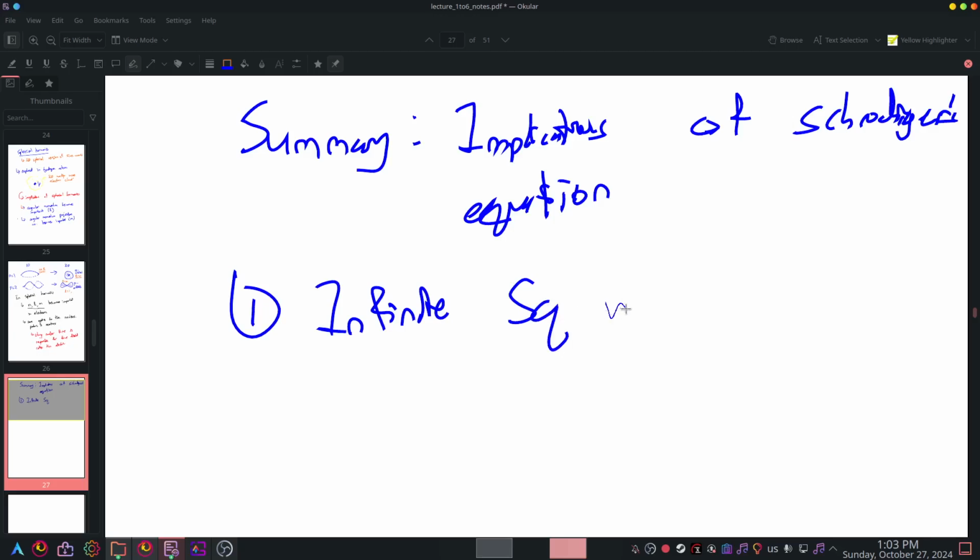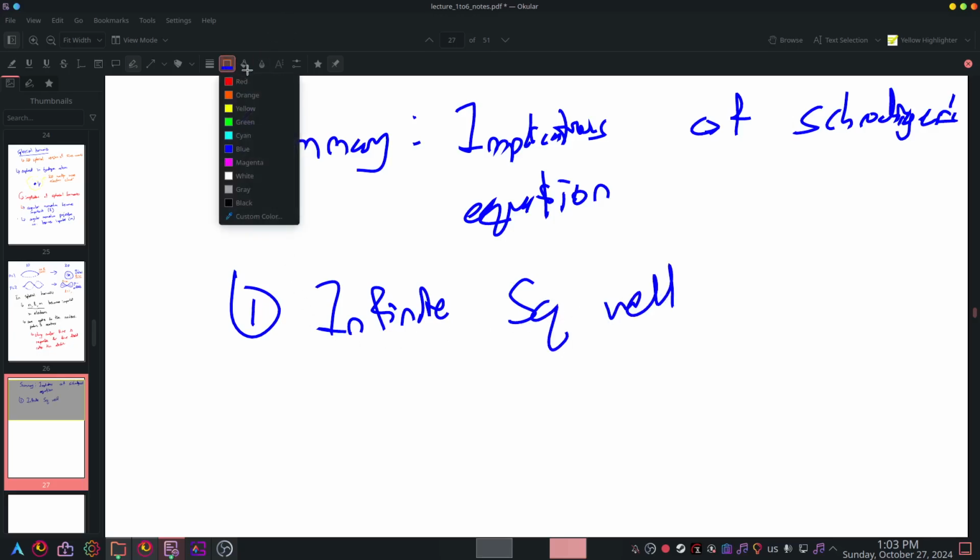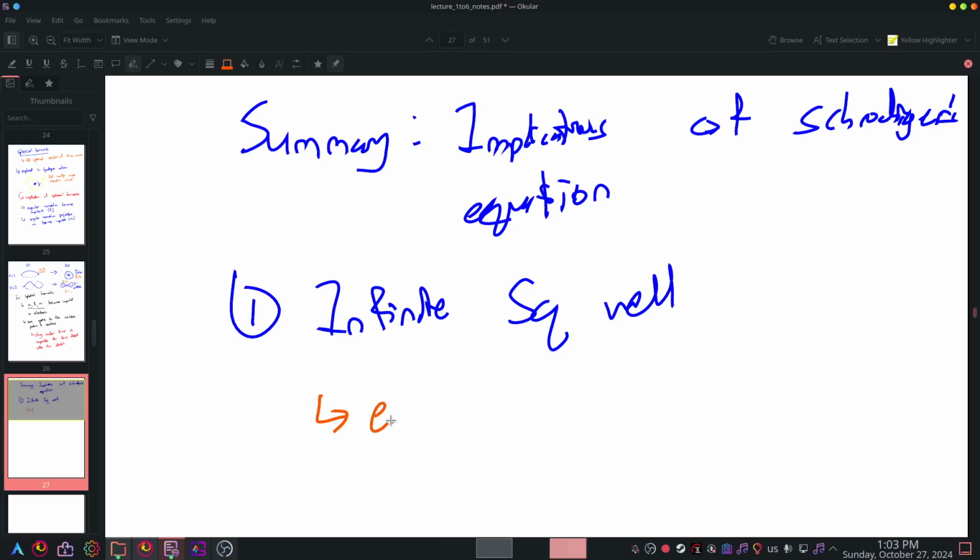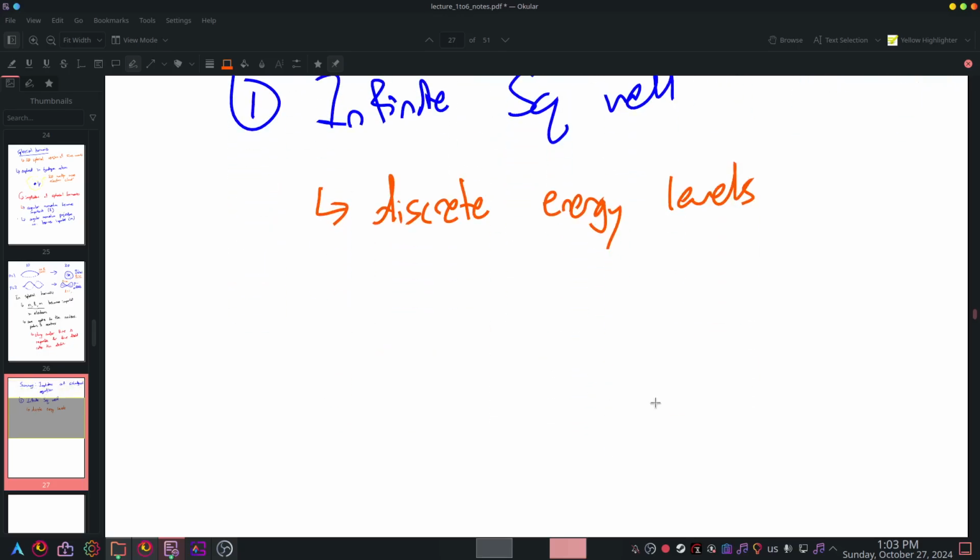Infinite square well, and that tells you what? From this we learned that we have energy levels, discrete energy levels. That's the infinite square well.